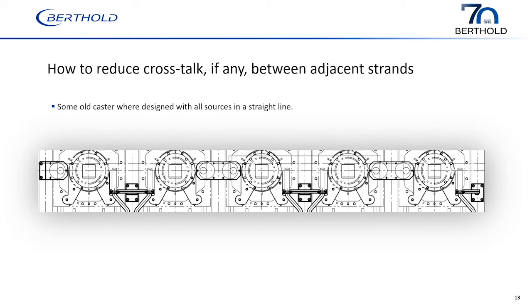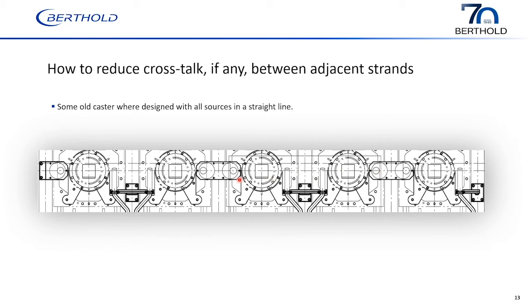So here is a drawing of quite an old caster, and here is one source, the mold, and one detector. Second detector, mold, and second source. And then this sequence repeats itself. Here, one source, mold, detector, detector, mold, source.